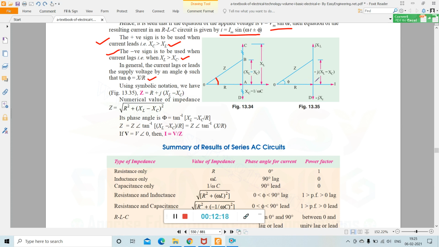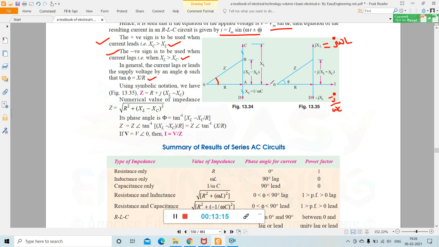See here, this is the R axis, then from this to this is the j XL, or we can write j omega L, because XL is equal to omega L. And in the opposite direction, this is minus j XC, or you can write minus j divided by omega C, because XC is equal to 1 by omega C. And from this to this is j(XL minus XC). Clear? Clearly understood about this?